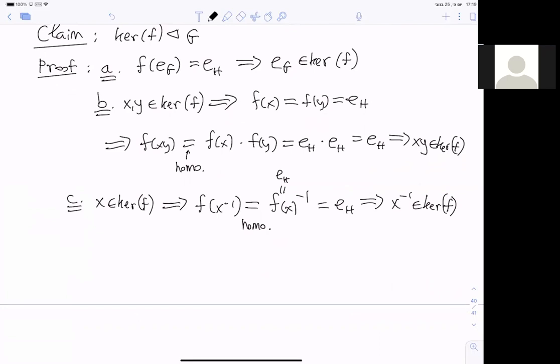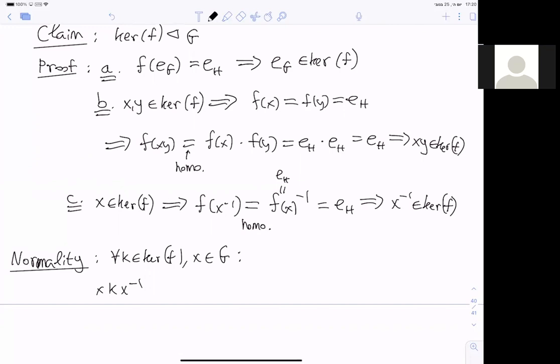For the normality, for any k in the kernel, so let us write the kernel by K, and let us take x in G. We want to show that x k x minus 1 also belongs to the kernel.